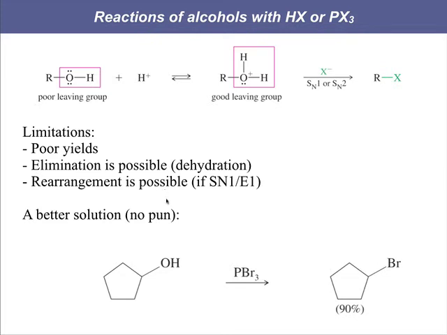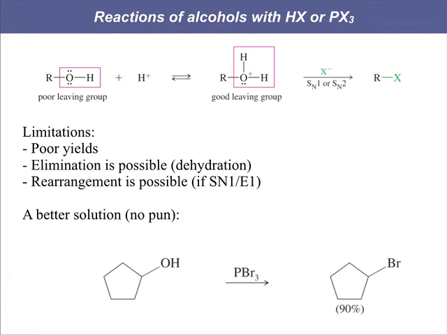For example, PBr3, phosphorus tribromide. This will take your alcohol, convert the alcohol into a bromide. In one step, you get high yields, 90%. It's a great reaction rather than going through these kind of messy multi-step processes.